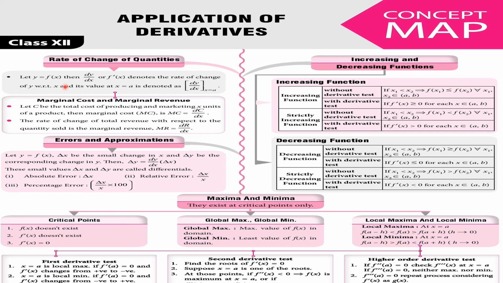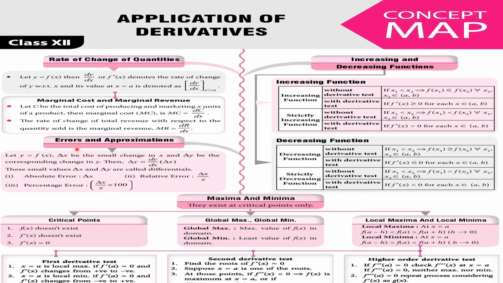Similarly, to find marginal cost and marginal revenue, we have already discussed this point in business. Okay, my children, right. Marginal cost is equal to d by dx of C. Marginal revenue is equal to d by dx of R. We have already discussed these two points, my children.